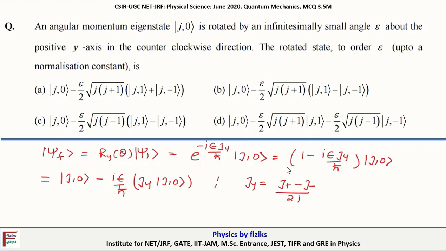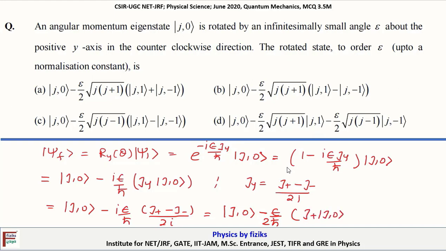So substituting this value we get J0 minus i epsilon by h cross into (J plus minus J minus) divided by 2i, which gives me J0 minus epsilon by 2 h cross (J plus J0 minus J minus J0).